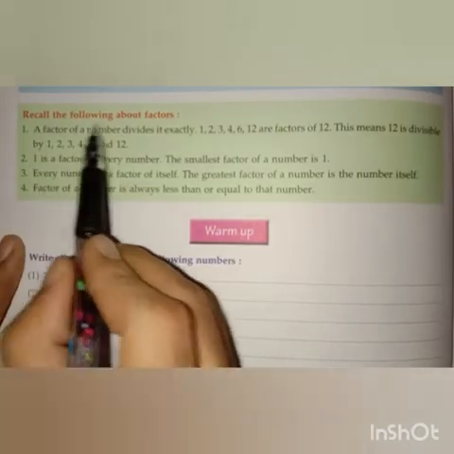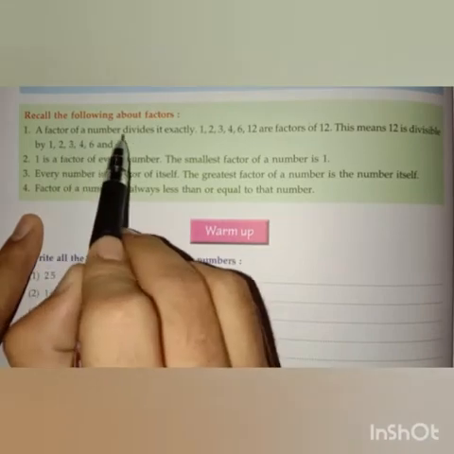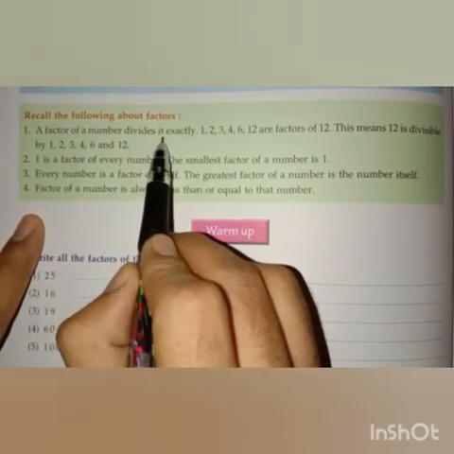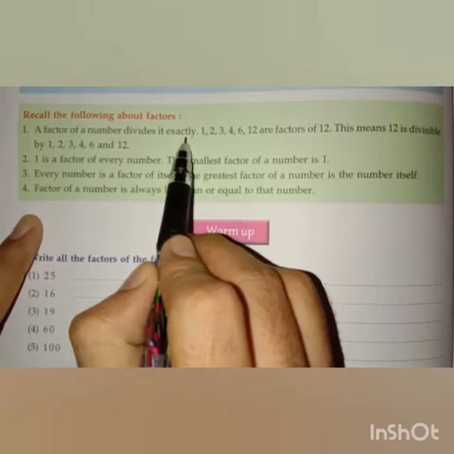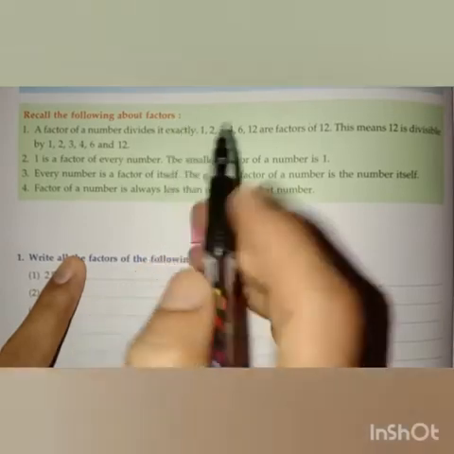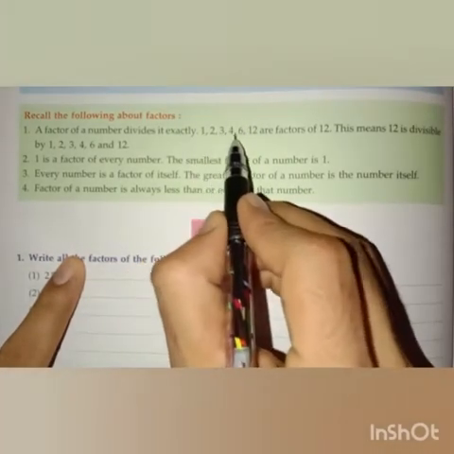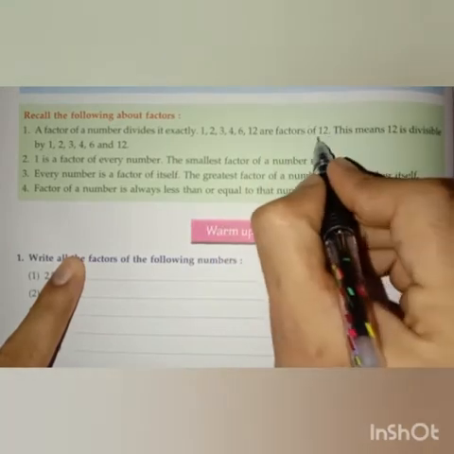Yes. Let us recall the following about factors. A factor of a number divides it exactly. A factor means it divides a number exactly, so that is called a factor. Here 1, 2, 3, 4, 6 and 12 are the factors of 12.